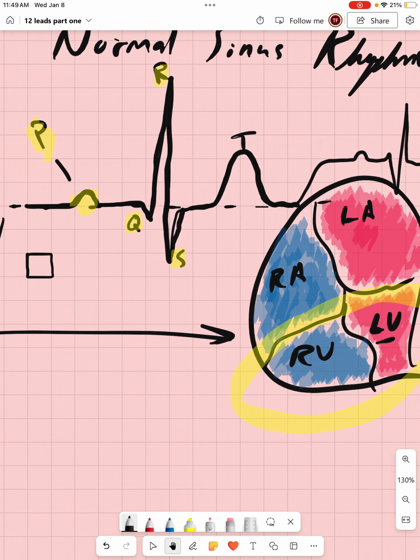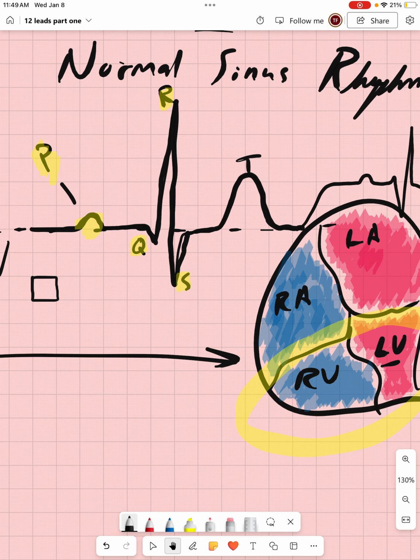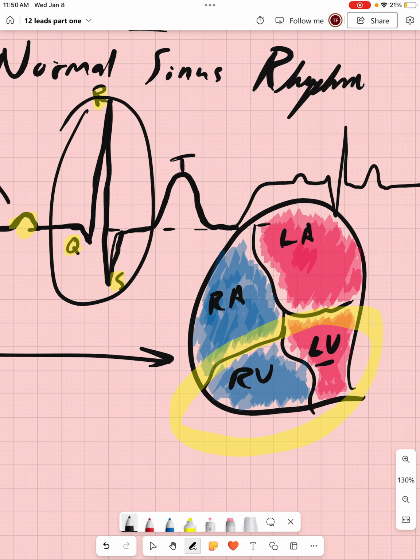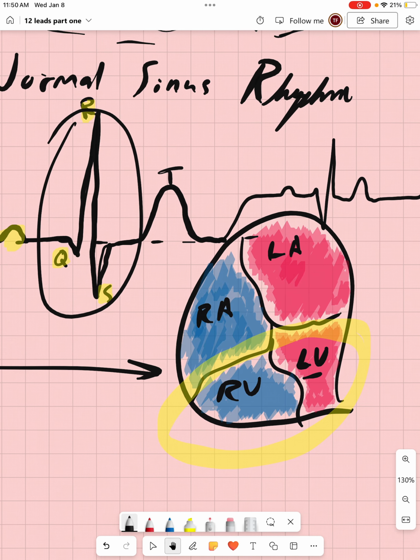Option B. So what I mean by all that is basically that is why this specific complex is so much larger than the other ones, because it requires more electricity. That's what you're seeing. So the QRS represents depolarization of our ventricles.